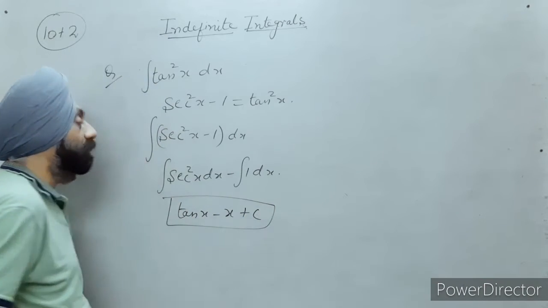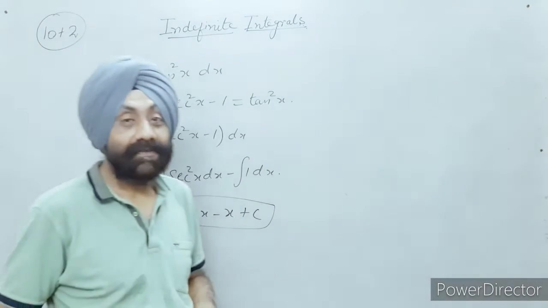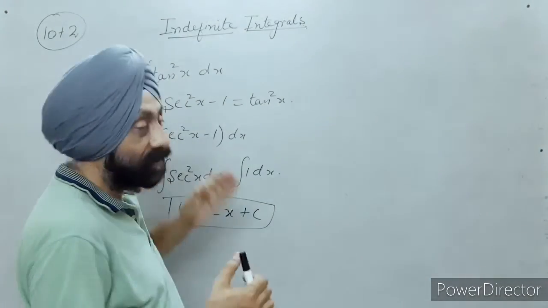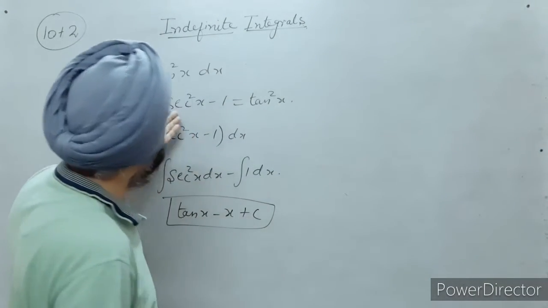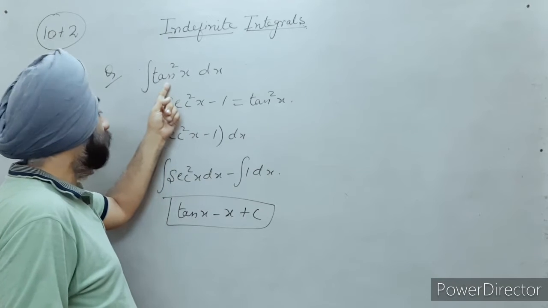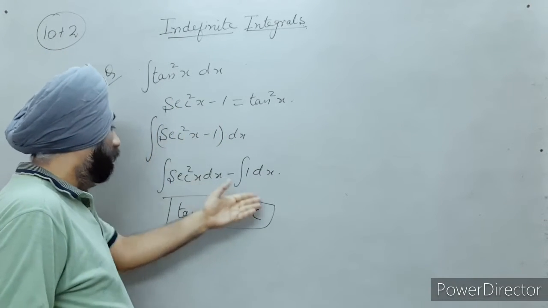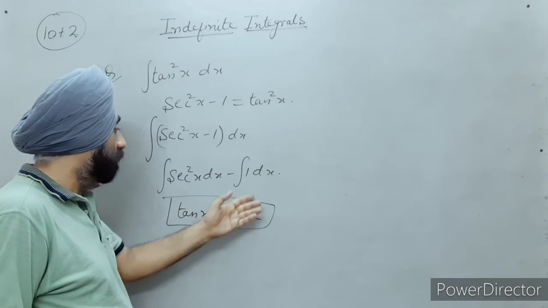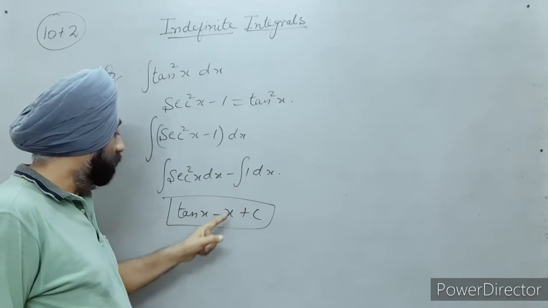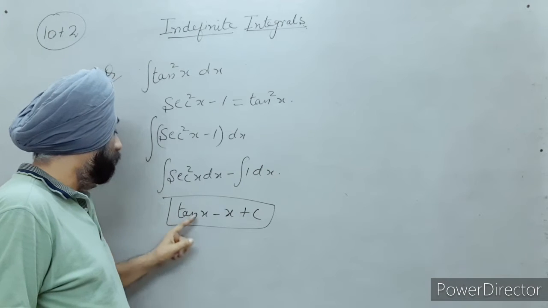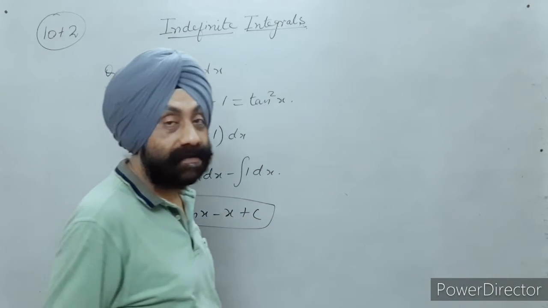And if you don't remember the identities of trigonometry, we just cannot solve this sum. It's a very simple sum. It becomes very simple when you use this identity. In place of tan square x, I can write secant square x minus 1. So I wrote and integrated, I get tan x minus x plus c. C is a constant of integration.